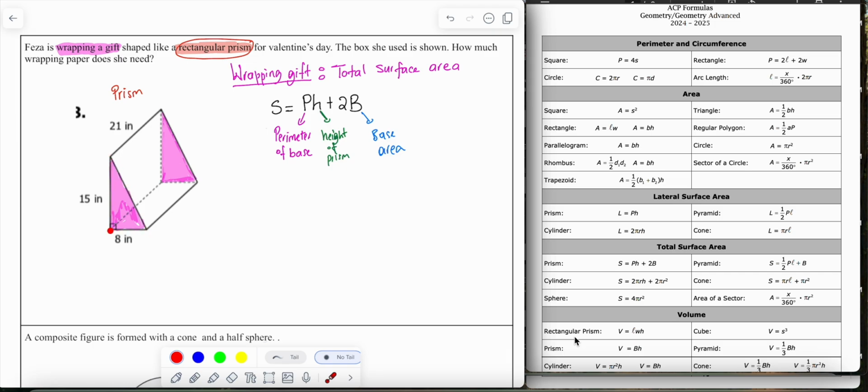We know the length of 2 sides, so we need to find this one. We can work it out because it is a right triangle, so we can use a squared plus b squared equals c squared.